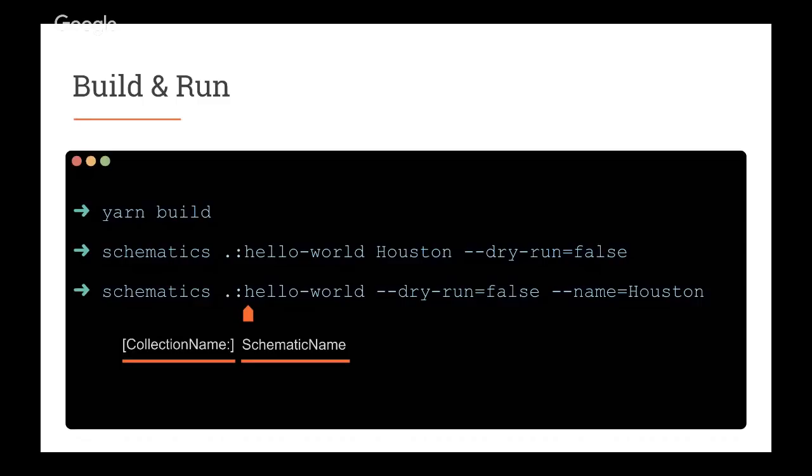One thing to note: the Schematic CLI by default does not execute the schematic changes. It does not commit them to the tree and run them against your file system. So if you run your schematic without dry run false, it will show you essentially what it would have done, but you'll need to pass the dry run false flag for it to actually commit those changes and change your file system. This is the opposite of the Angular CLI, where you have to opt in to the dry run functionality if you want to see what it does.